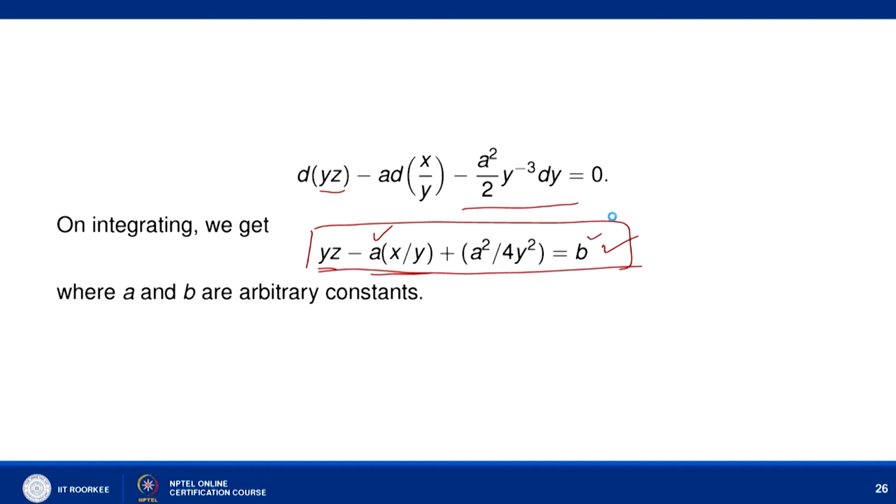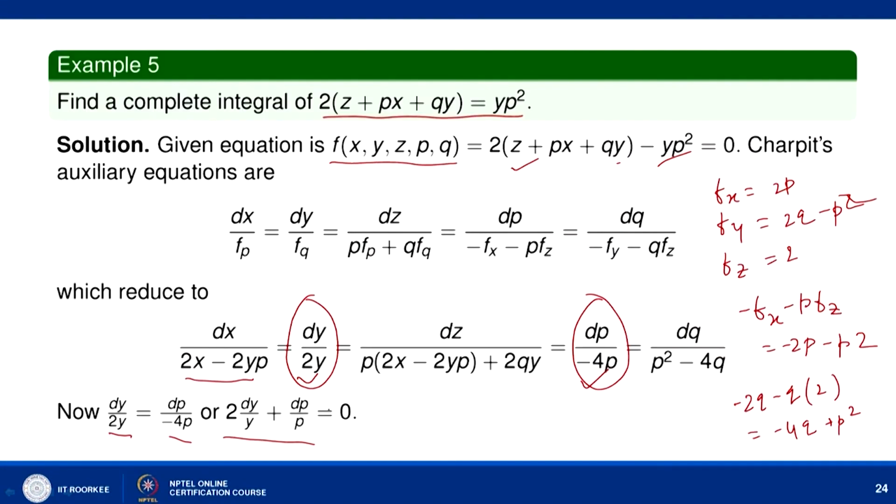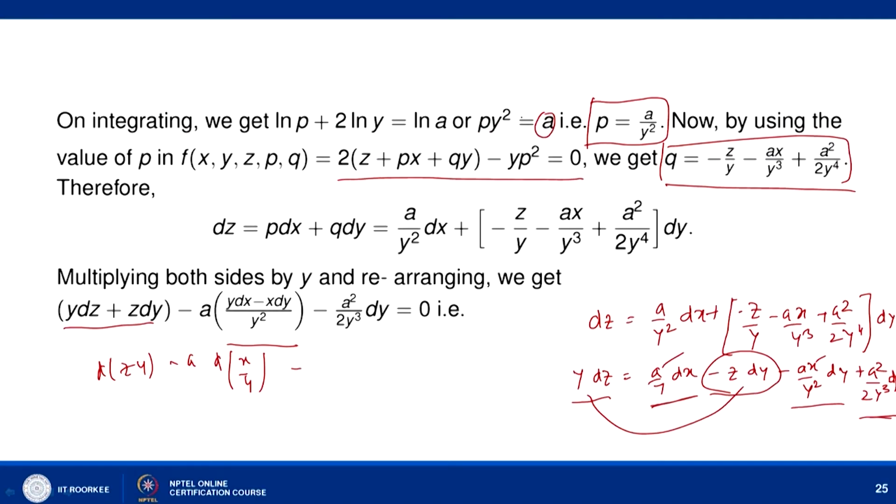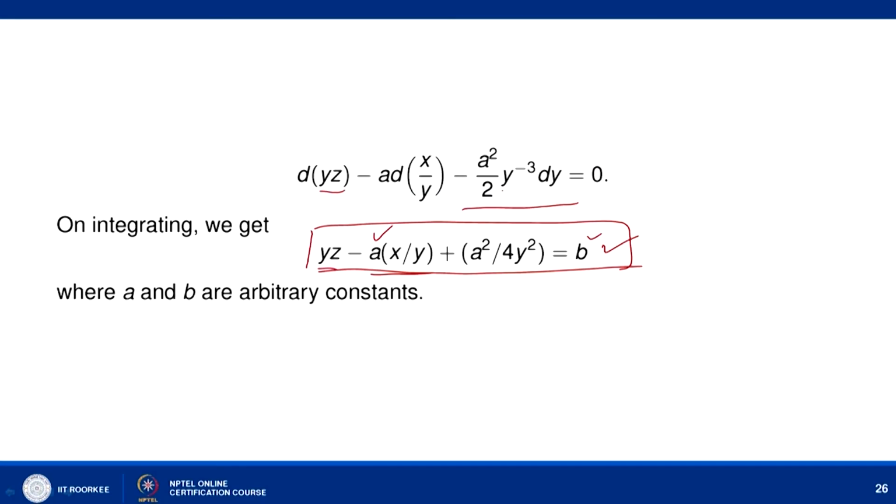This a you have obtained while solving your Charpit auxiliary equation, and when you integrate this, one more parameter comes into the picture when you solve dz equal to p dx plus q dy. Hence we have two arbitrary parameters present in your solution, and you will say that this is a two parameter family of solutions of f(x,y,z,p,q) equal to 0, and hence we call this a complete integral of your partial differential equation.